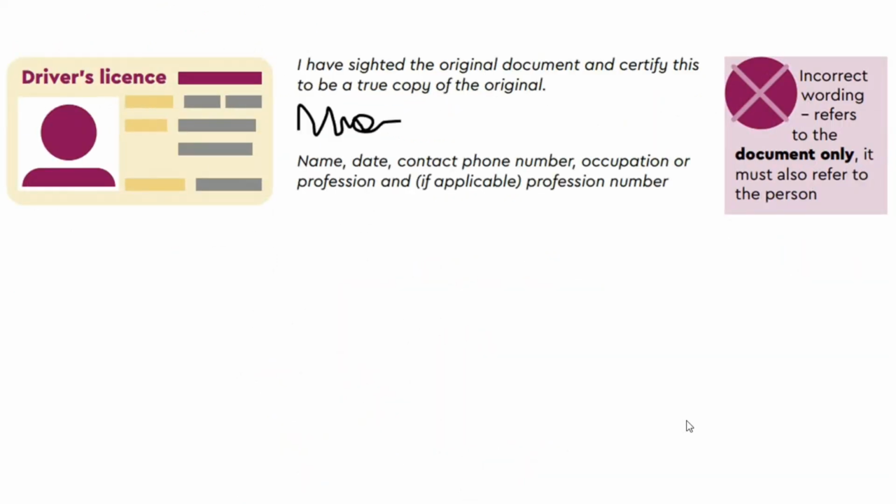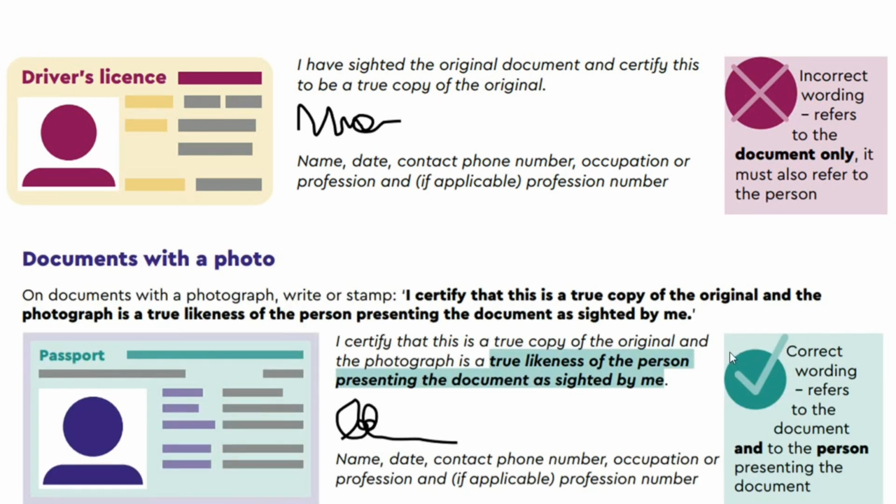Next one, some people say that my document is rejected. So this is an example of a document getting rejected. Here it says that I have cited the original document and certify this to be a true copy of the original. This is a document with a photo, okay, a driver's license, and there is no wording saying true likeness of the person presenting the document as cited by me.